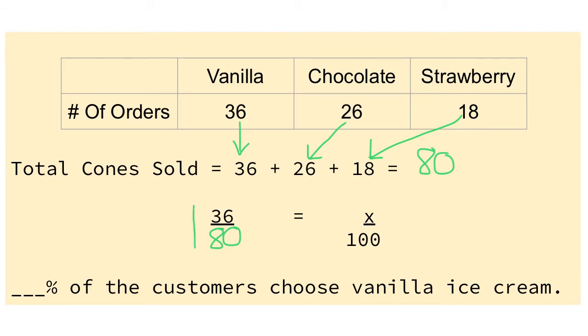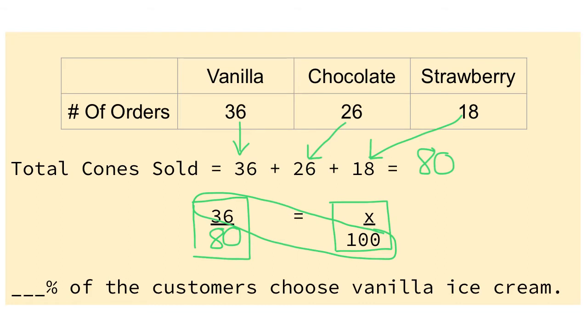So what this says is 36 out of the 80 cones are vanilla, and I want to know what percent out of 100 that would be. So you're going to pick up your calculator, multiply 36 times 100, and then divide by 80, and you should have gotten 45%.